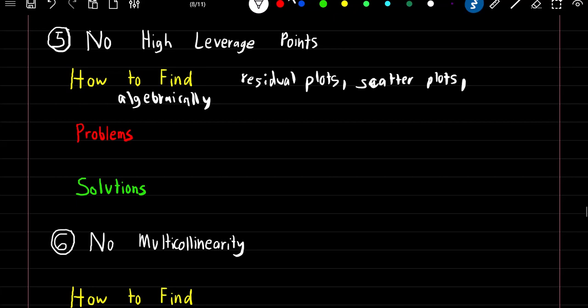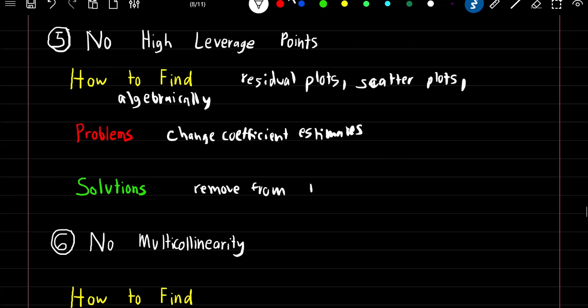The problem it can cause is that it can change your coefficient estimates. Possible solutions would be to just remove it from the model. It might be from the wrong sample space.